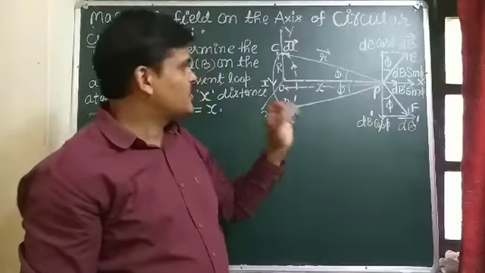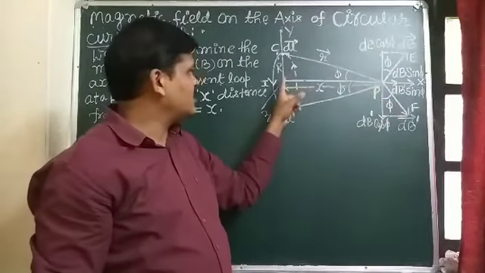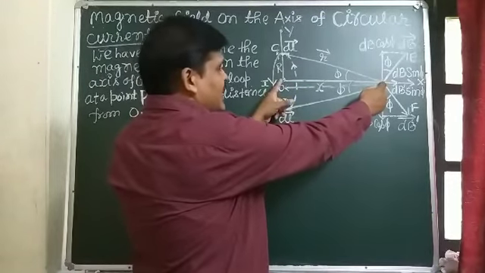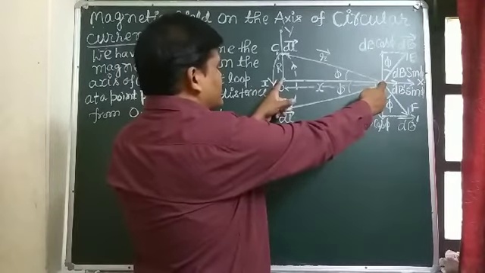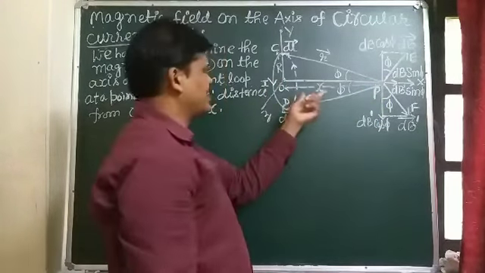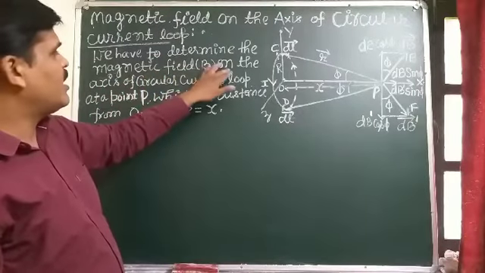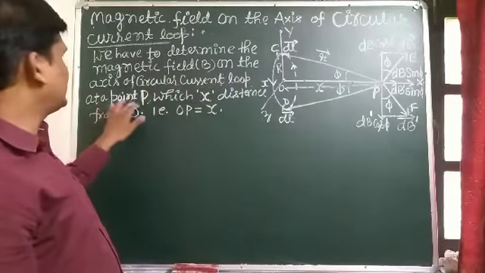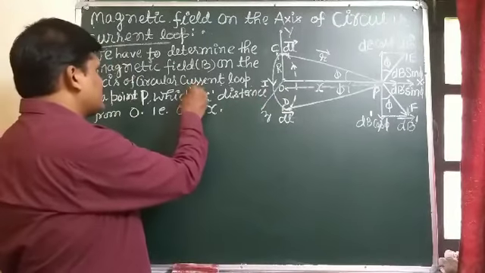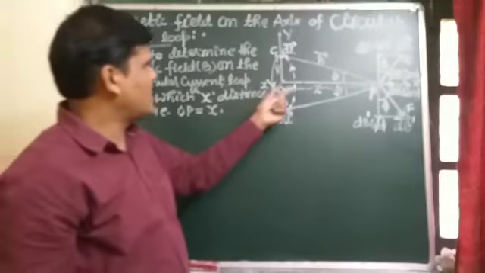We have to determine the magnetic field at a point P on the axis of the circular current loop, at a distance x from its center O. So we have to determine the magnetic field B at point P, which is at x distance from O, that is OP equal to x.